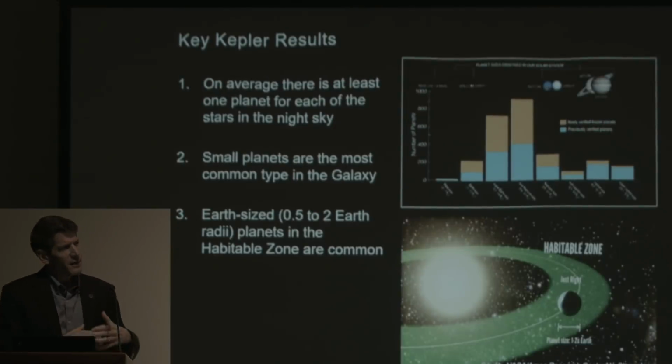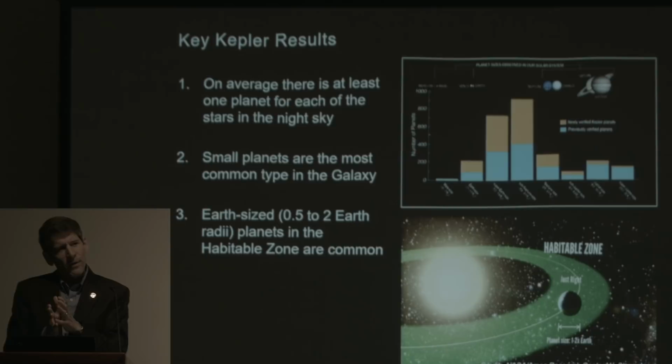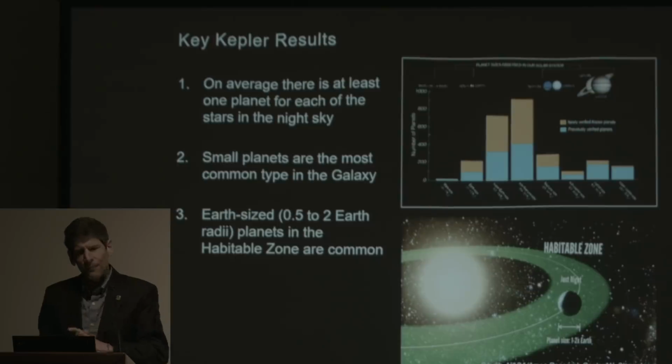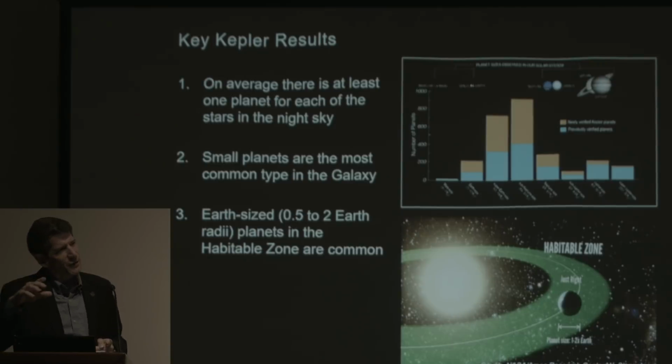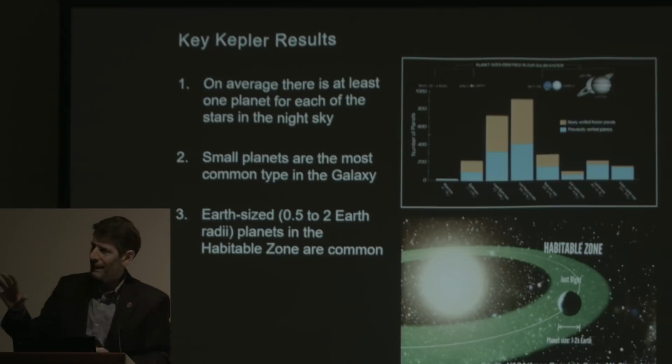So Kepler has been this phenomenal success, detecting thousands of exoplanets. But we have to remember, Kepler was looking at a small region of space, a small part of the sky, roughly 150,000 stars. And in those 150,000 stars, it found thousands of exoplanets.